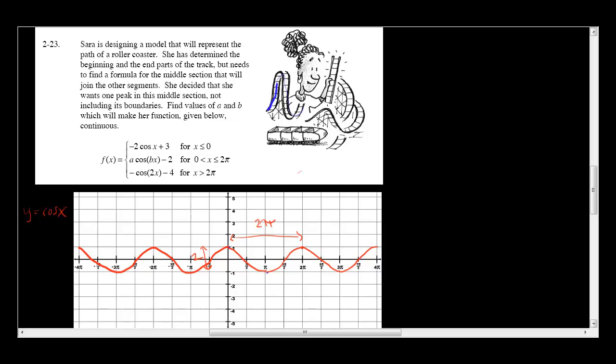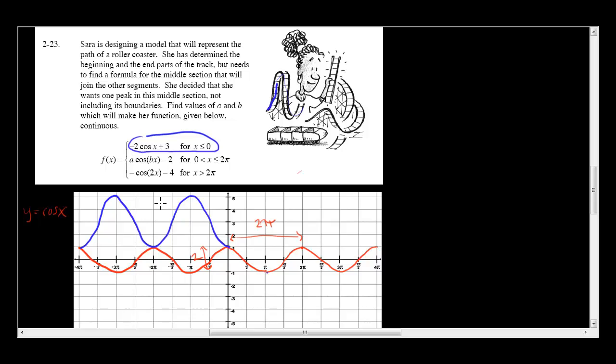Okay, so once we look at that, we can actually go ahead and look at the first definition in the piecewise function. For x less than or equal to 0, it is the cosine function with a couple of transformations.